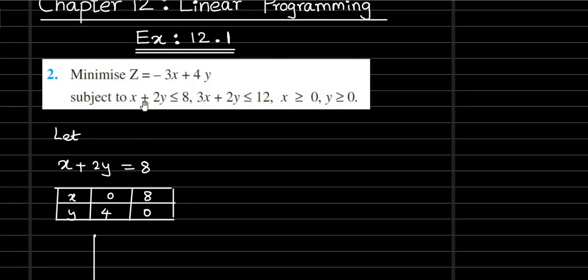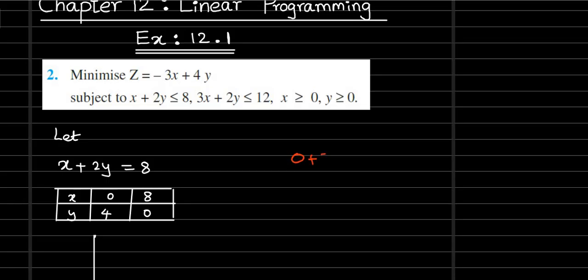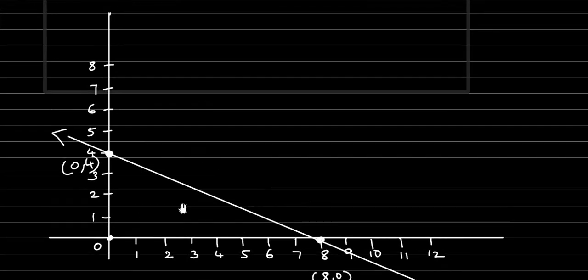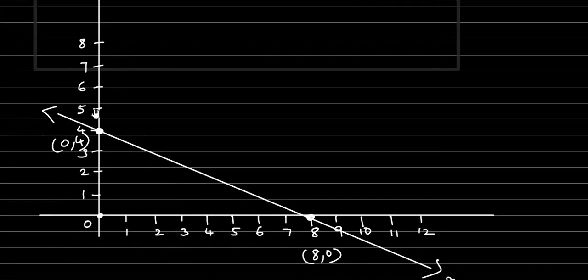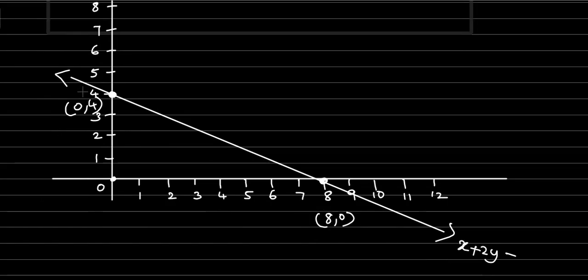When we substitute 0, 0 in place of x and y, we get 0 plus 2 times 0, which is 0. Is 0 less than or equal to 8? Is that condition satisfied? Yes, 0 is less than 8. The condition is satisfied. So along with the straight line, the solution for the given inequality lies on this side.